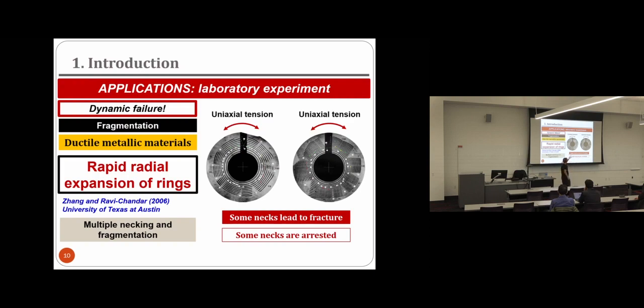The ring is pretty thin, and if we neglect the effect of the curvature, for all purposes what we obtain is uniaxial tension along the circumferential direction of the sample. Because of the symmetry of the problem, instead of having a single neck, we have several necks which are formed more or less at the same time, and some of these necks grow and induce the final fragmentation of the specimen.